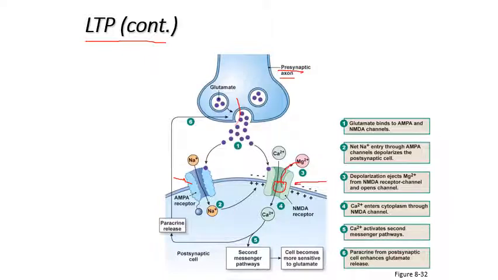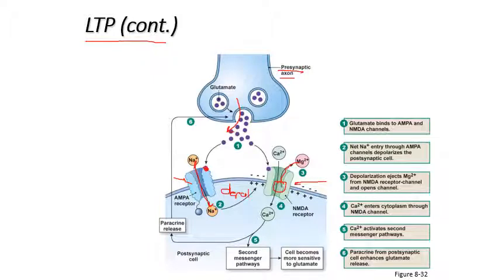We get release of glutamate. Glutamate's going to go down and bind to the AMPA receptor. The AMPA receptor is a ligand-gated sodium channel, so it's closed until glutamate binds, and now sodium can rush in. That's going to depolarize the cell.